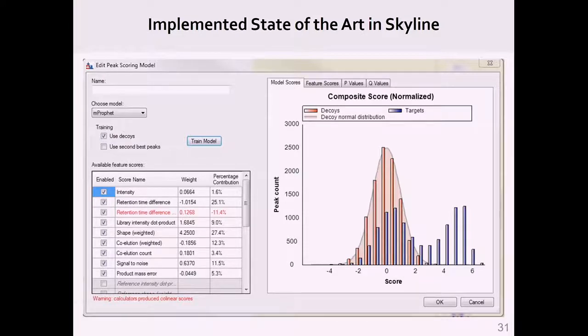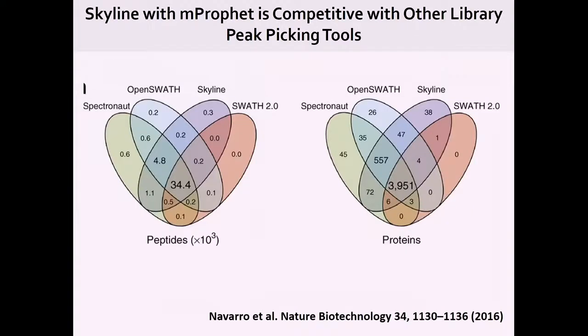This is implemented in Skyline. This is a tool that's all derived off of mProphet that was developed in the Aebersold lab. And of course, there are lots of tools now. In fact, all of these tools essentially are derived off of the original mProphet algorithm. And it's not that surprising that almost all of them give very similar results.